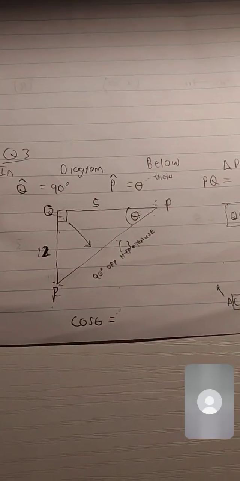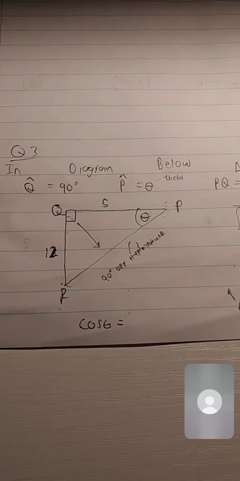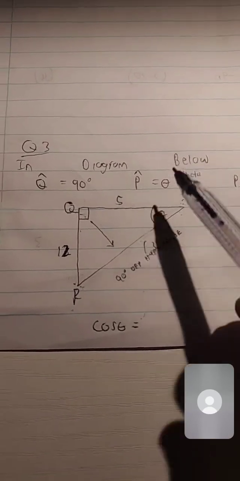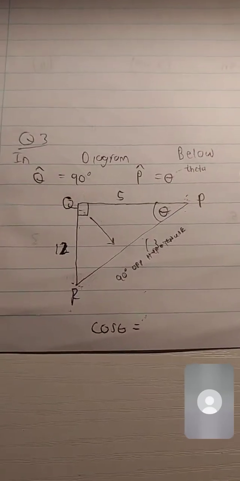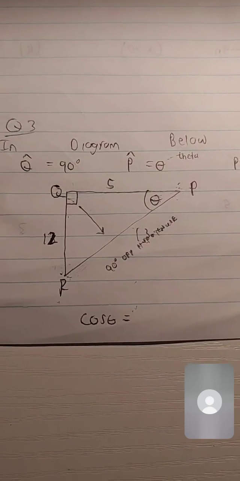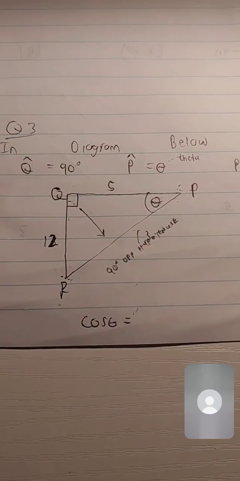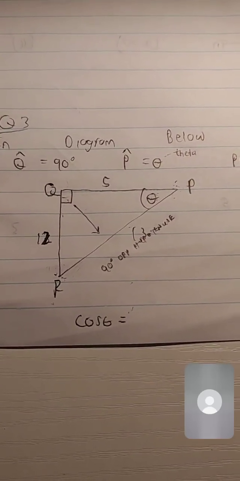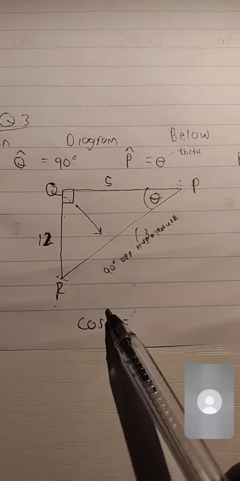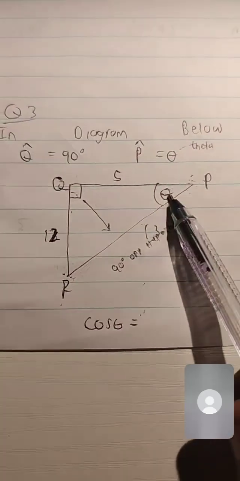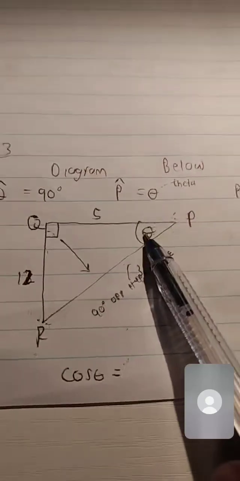So now you need to give me the ratio, the fraction representation of cos theta. Can you repeat? What is the numerical value of cos theta? There's theta here.